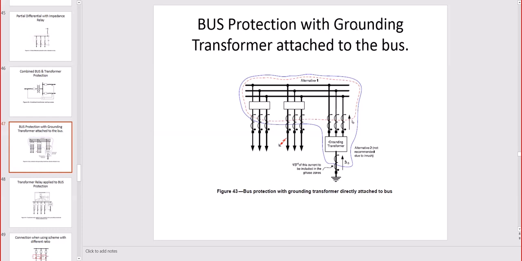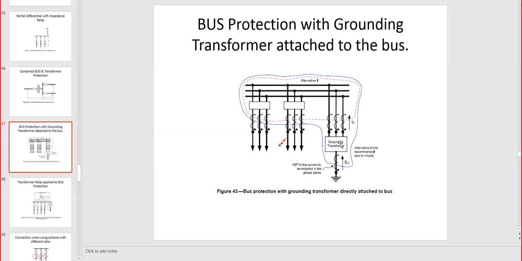Bus protection with a grounding transformer attached to the bus. Whenever you have a grounding transformer, you put it in for two reasons. It is usually a zigzag transformer, and what it does is collect the harmonics, so it represents a 0 impedance for the 3I0 going to ground normally, and a high impedance for the 60 Hertz.